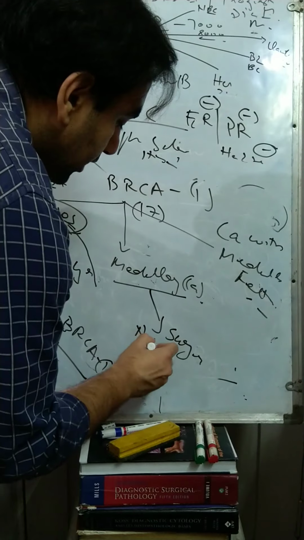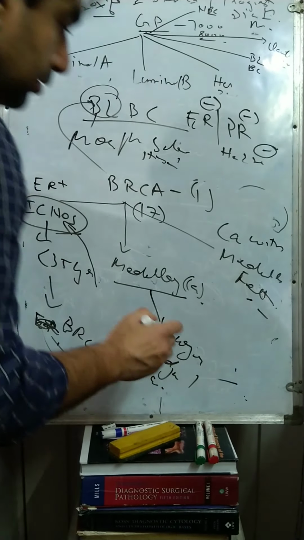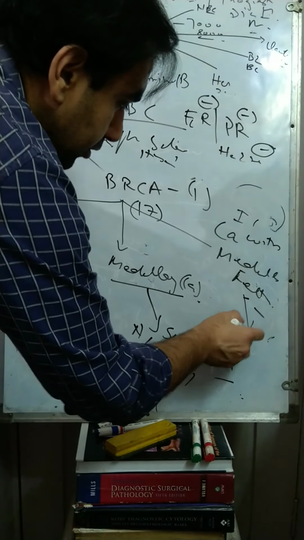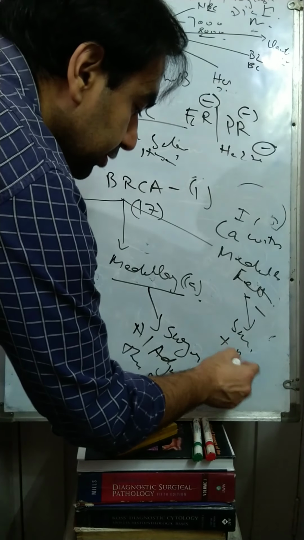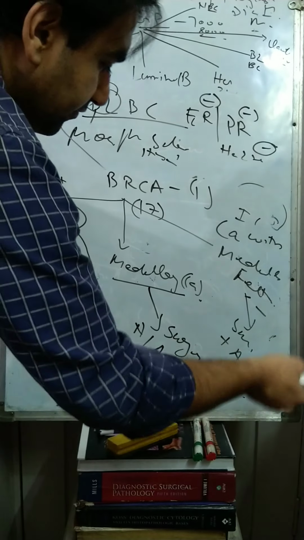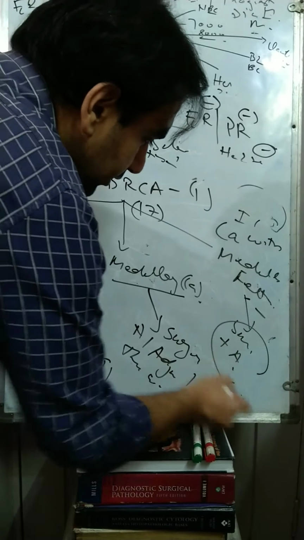No adjuvant therapy will be given. But if the features are less than 90% and you are not sure whether this is classical medullary, and you give invasive carcinoma no special type with medullary features, then it is surgery plus adjuvant chemotherapy, or whatever the oncologist deems fit. So the treatment is very different.